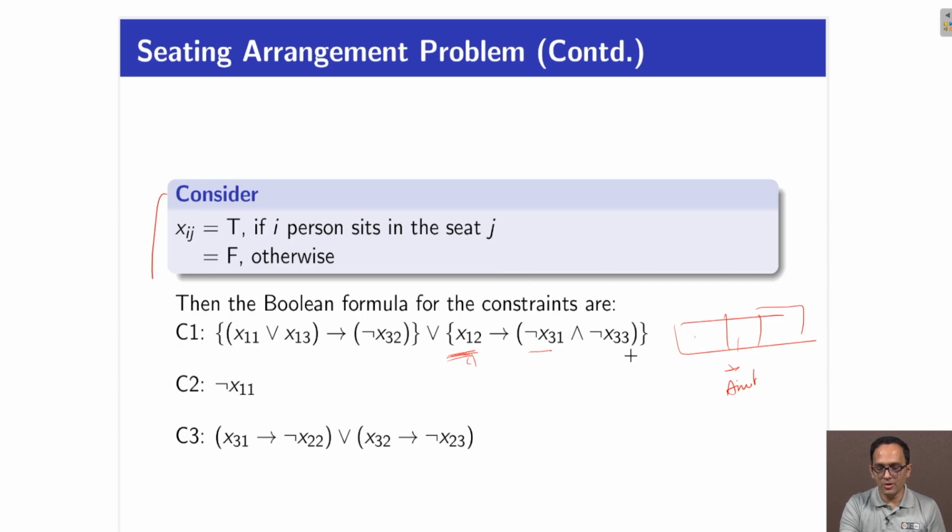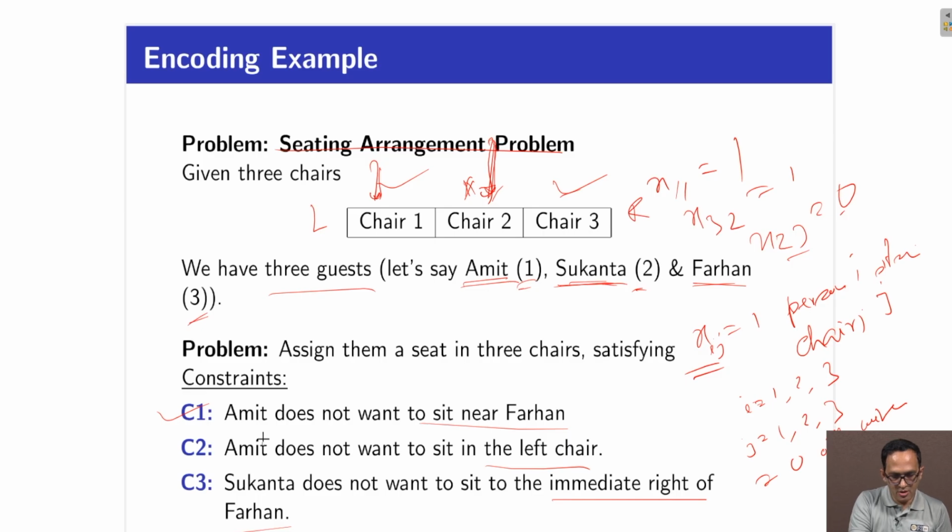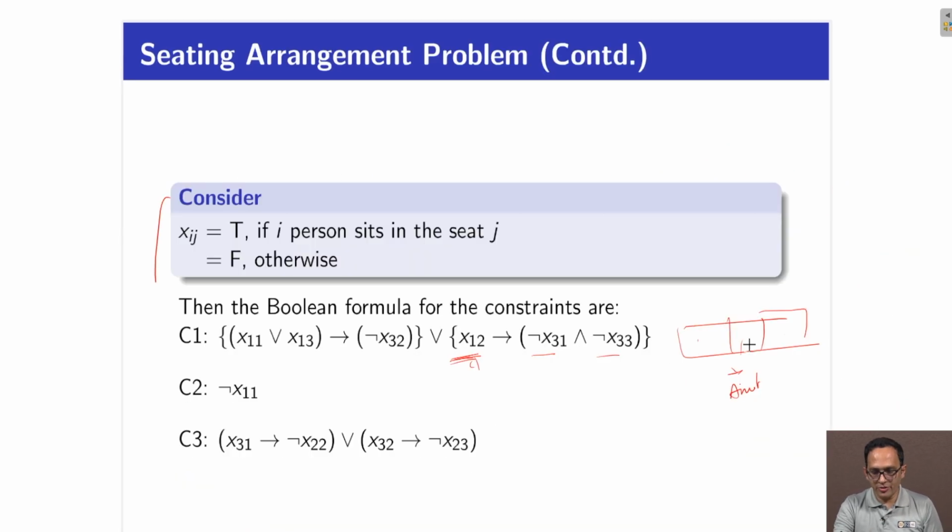So, not of 3 1 and not of 3 3. Here 3 means Farhan, who is near to Amit. So, if Amit sits here, Farhan cannot sit in these 2 places because he does not want to sit near him. That is what is encoded here: Amit sits here implies not of 3 1, he will not sit here, and not of 3 3, he will not sit here. And this is the other scenario.